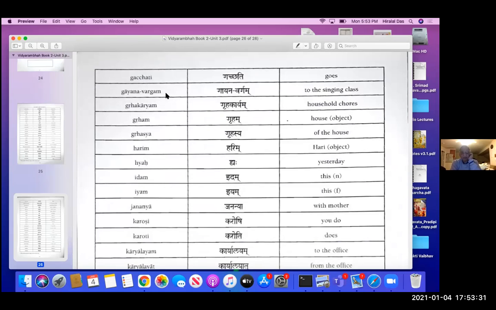Gachati, he goes. Gananvargam, to the singing class.